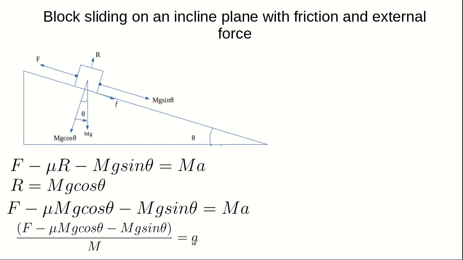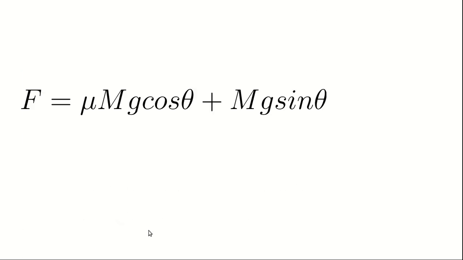So you notice that if our a here is 0, that means it is static. We can find the force needed to make this body move. In that case, we make this 0, and this part comes here, so we now have F equal to this plus this, and that is found here.